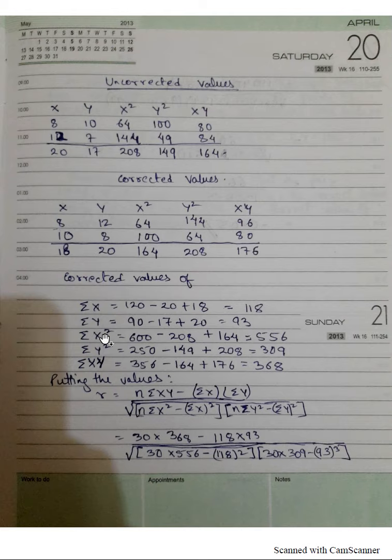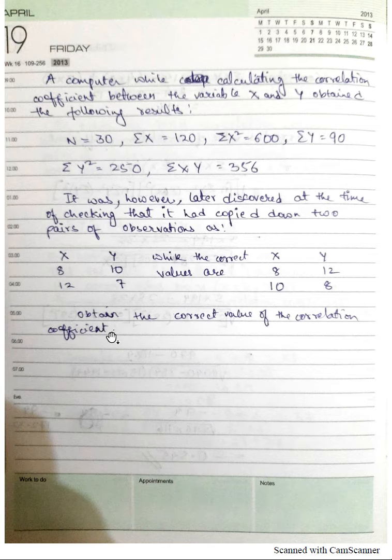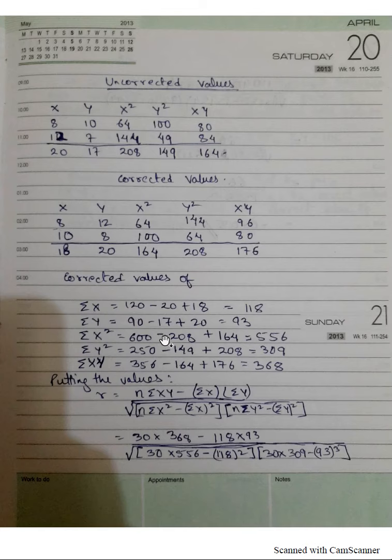Now for summation x square, the wrong summation x square is 600. So we write 600 here, minus the wrong summation of x square, which is 208, plus the correct summation of x square values, which is 164.